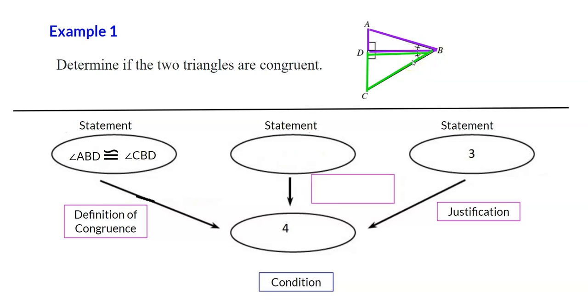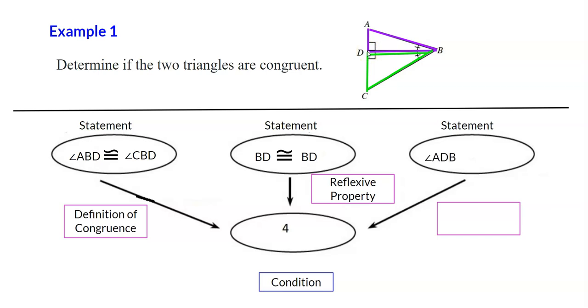The next statement is that BD, the purple line, is congruent to BD, the green line, because of the reflexive property. The third statement is that angle ADB is congruent to angle CDB, because both of these are 90 degrees, so we know that they are congruent because they're the same size. This is the definition of congruence.